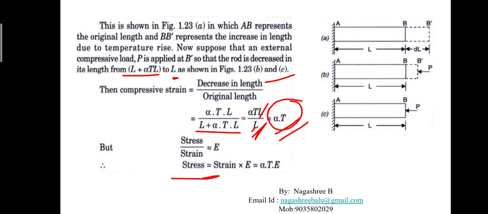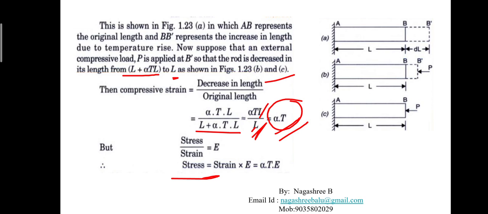Whenever there is application of a compressive load P, a compressive strain is induced, so that the change in length will be L plus alpha TL minus L. Therefore alpha times T is the compressive strain value. To find the thermal stress, we use strain times Young's modulus, which equals alpha T times E.